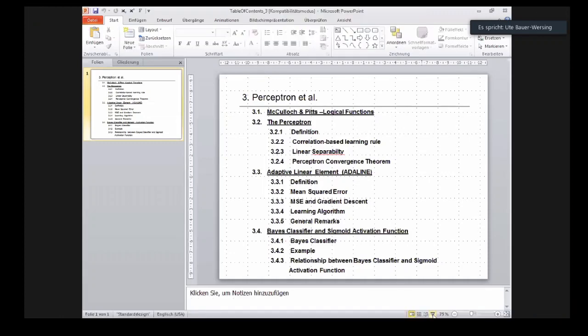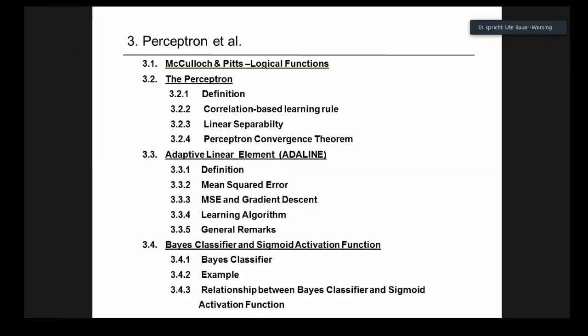Briefly summarize what we've done. We started with McCulloch-Pitts and the logical function. We moved on to the perceptron. We introduced the term linear separability, and we looked at the convergence theorem for the perceptron, which is closely linked to linear separability.